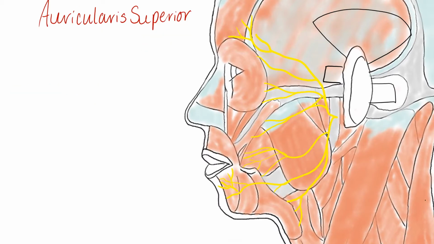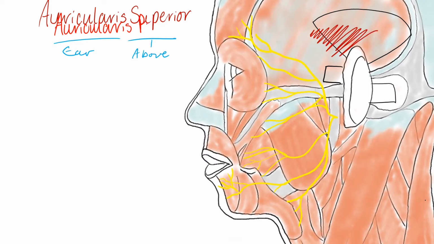Next, we're going to talk about auricularis superior. Again, auricular meaning ear, and superior meaning it's above the ear, or superior to the ear. So I'll just color that in red for us. It's this large muscle here.